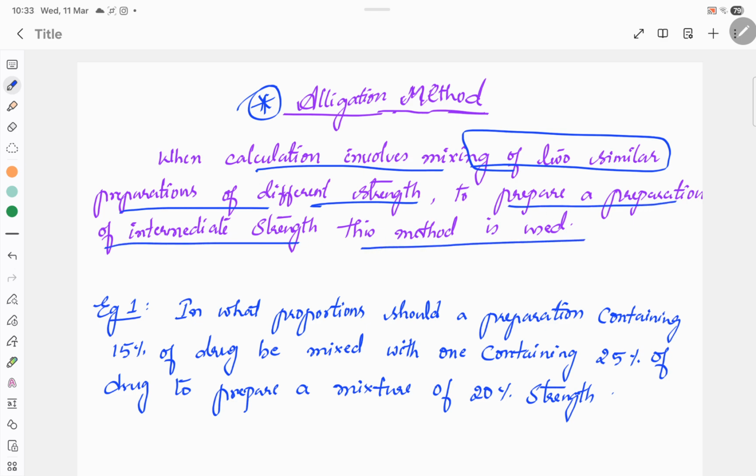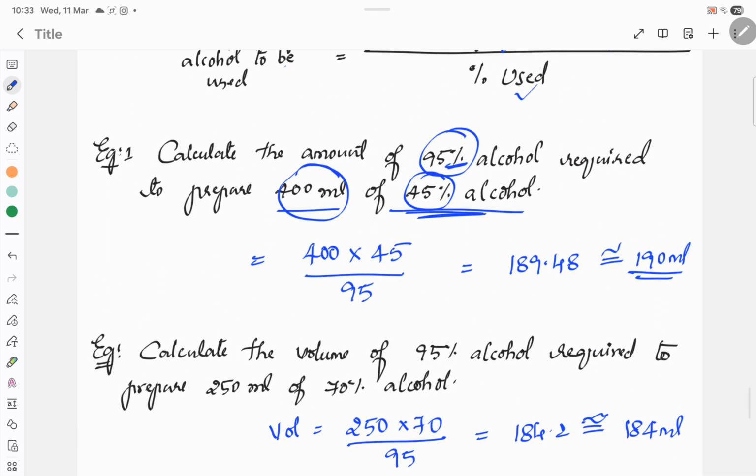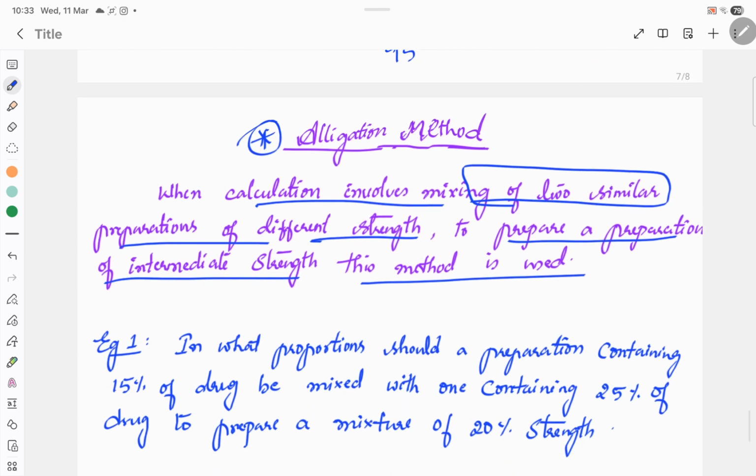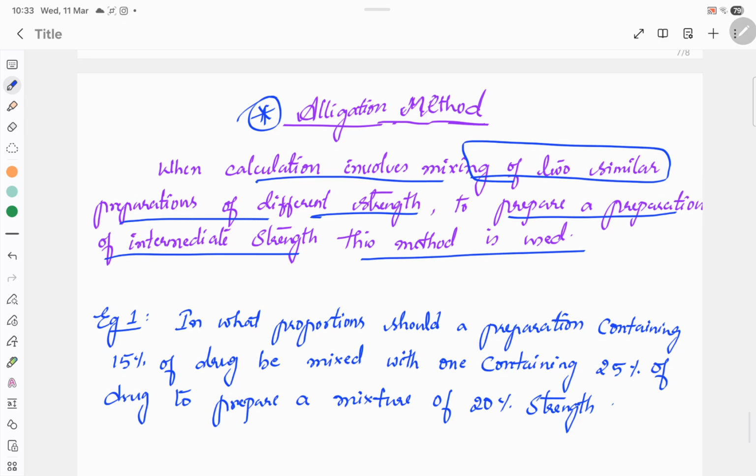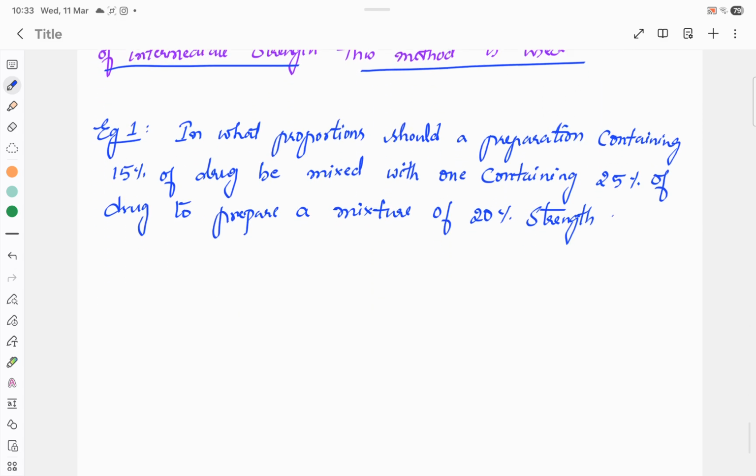In alcohol dilutions, you used only one strength of alcohol to prepare another strength, but the alligation method is used when you have to prepare a strength in between the two given strengths. For example, in what proportion should a preparation containing 15% of drug be mixed with one containing 25% of drug to prepare 20%?